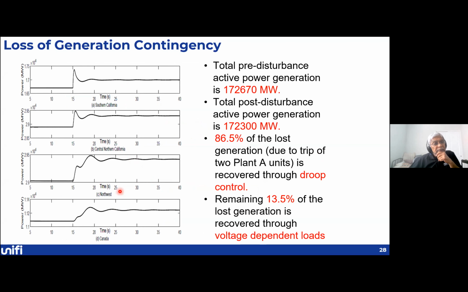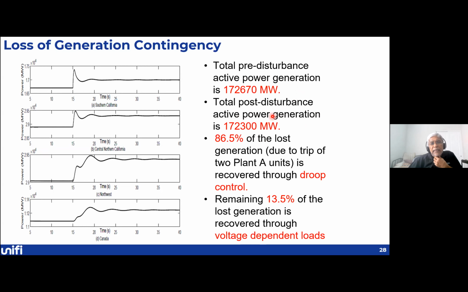So you notice with this setting of the droop and allowing for headroom, we had a total pre-disturbance active generation of this amount. The post-disturbance active generation was this amount.